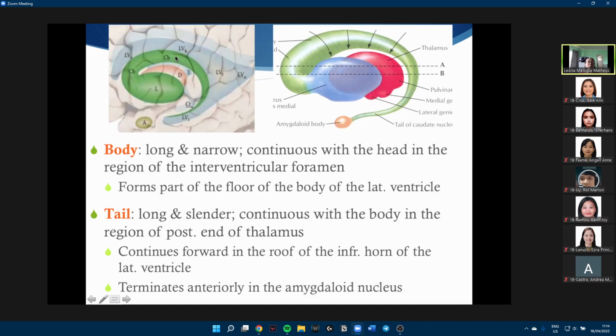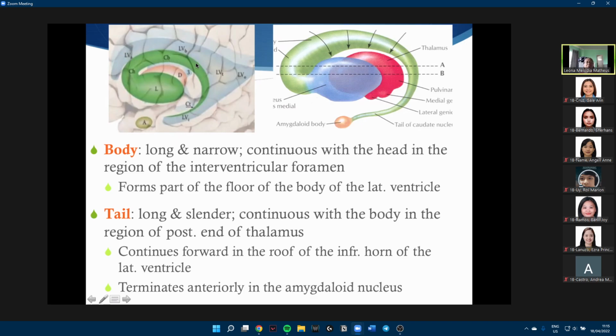Now, as to its relationship to the lateral ventricle, it is found at the inferior aspect, or below the body of the lateral ventricle. So, kumbaga, nasa taas si lateral ventricle, nasa baba si caudate body. So, body sa taas ng lateral ventricle, body ng caudate sa ilalim.